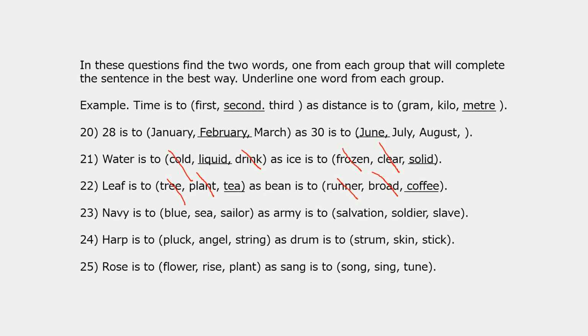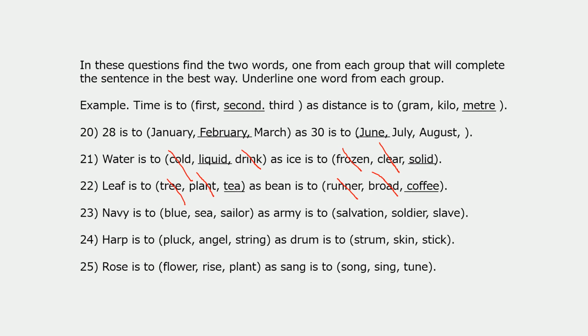Question 23. Navy is to either blue, sea, or sailor, as army is to either salvation, soldier, or slave. Well, what is navy? Navy could be a colour, a shade of blue, or it could be a group of soldiers of a part of the army that are based on the sea.